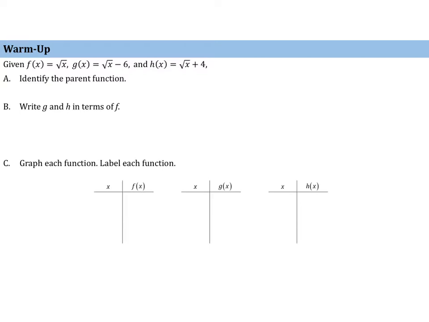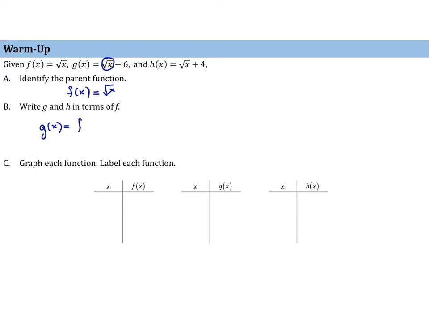Now let's look at what happens if we add or subtract after we apply our parent function. So in this instance, we have the same parent function, f of x equals the square root of x. But this time, g of x equals, now notice the subtraction of 6 happens after we take the square root of x.